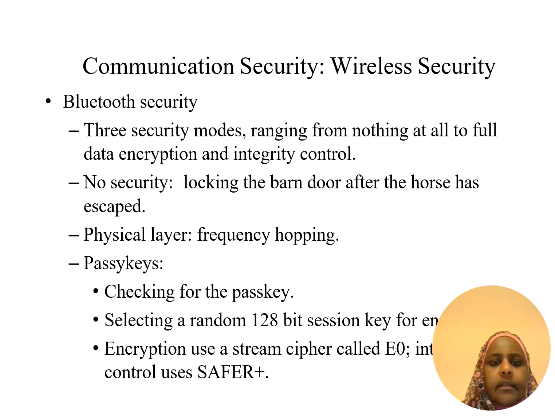Physical security with frequency hopping is not very secure, and it has pass keys. After checking the pass keys, a random 128-bit session key is selected for encryption using a stream cipher called E0, and integrity control uses SAFER+.